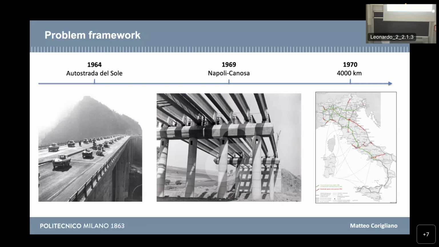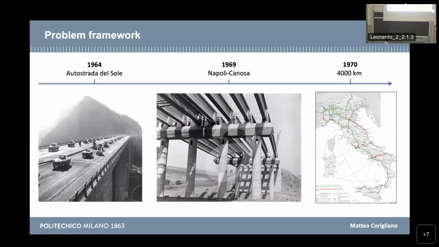So what is the meaning of this slide? To understand that now we are facing the heritage of infrastructure, in particular this 4,000 kilometers is reaching the design life. And so all the heritage, I'm talking about highways, but the same reasoning can be done for railways and so on.